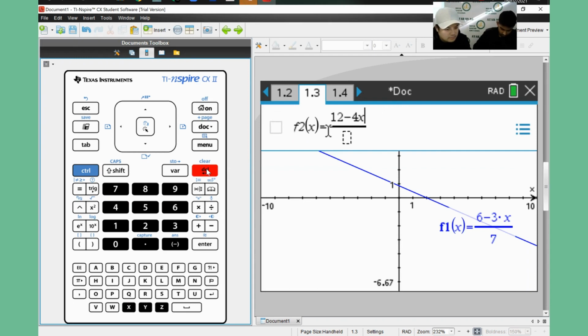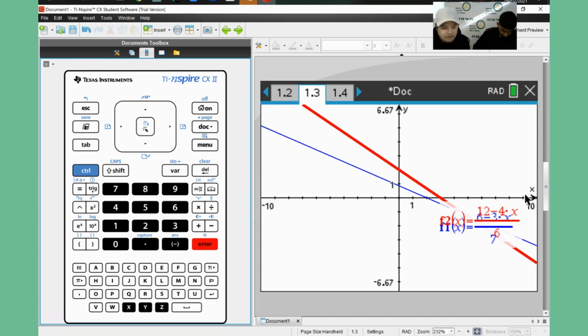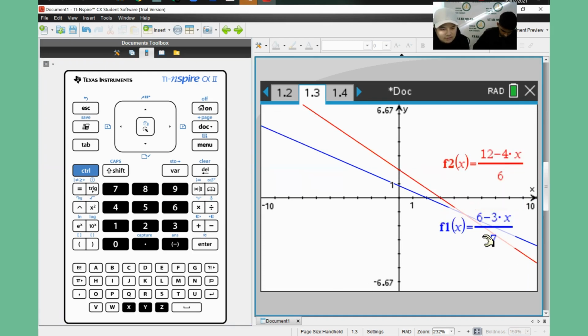Yeah. Enter. So I can find out the intersection.